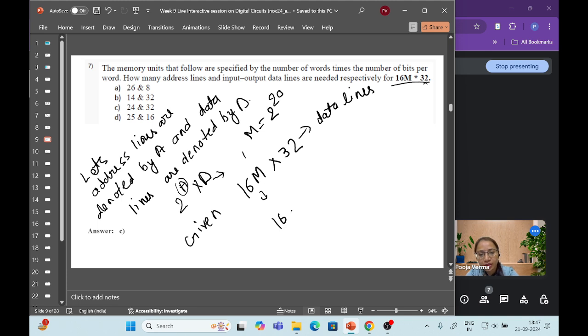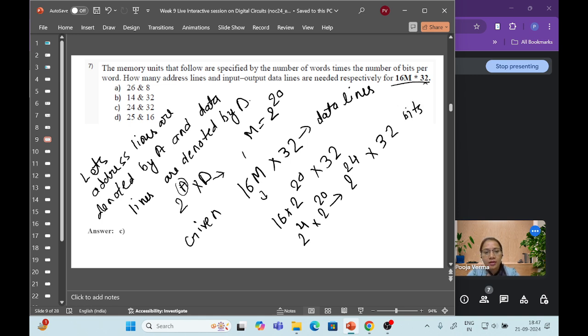So put here 2 to the power 20 into 32. 32 is the data lines, already we know that. And 16 is also represented by 2 to the power 4, right? Into 2 to the power 20. In the multiplication, we directly add the powers, that is 2 to the power 24 into 32 bits.